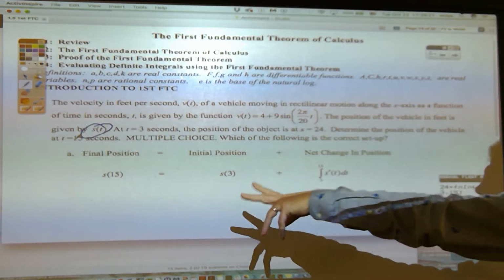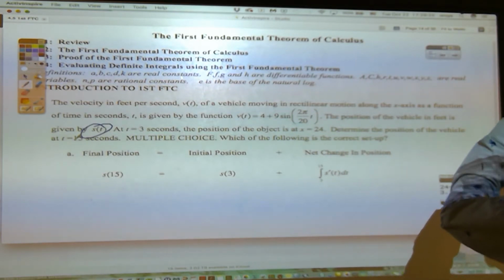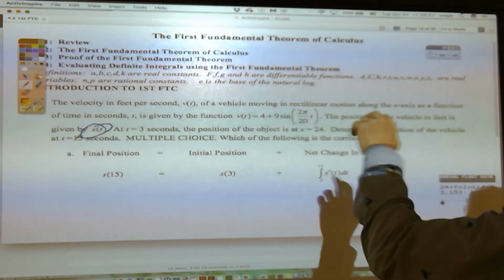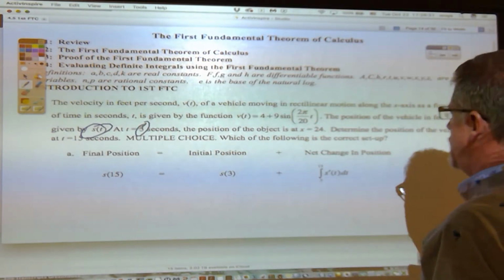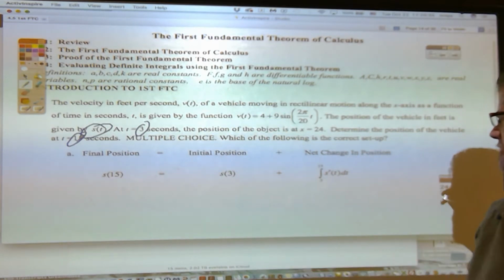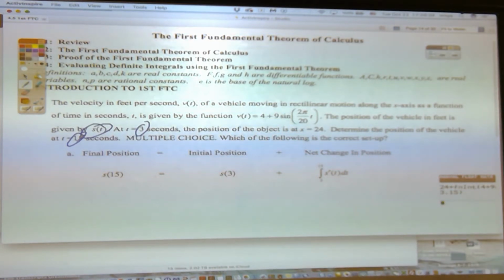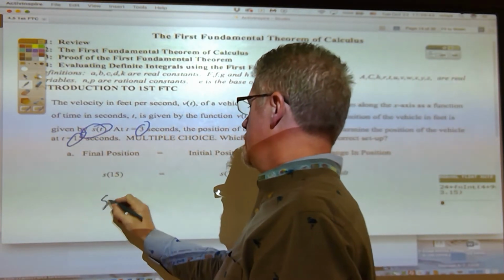So final position equals, because I mean the numbers they're giving us, we have to go with them. So initial time is 3, final time is 15, so final position equals initial position plus this. And S prime, the derivative of position, is velocity.